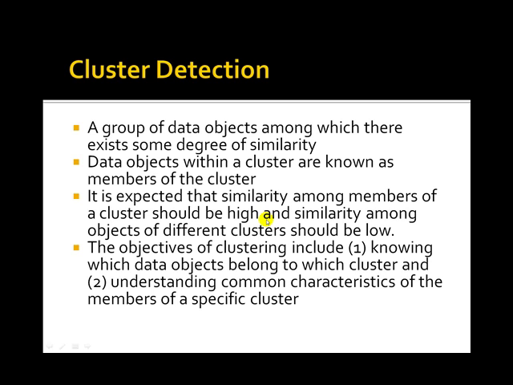The objectives of clustering include 1. Knowing which data objects belong to which cluster, and 2. Understanding the common characteristics of the members of a specific cluster. So why are these particular people grouped into a cluster? What makes them similar? That's a very interesting part of clustering.